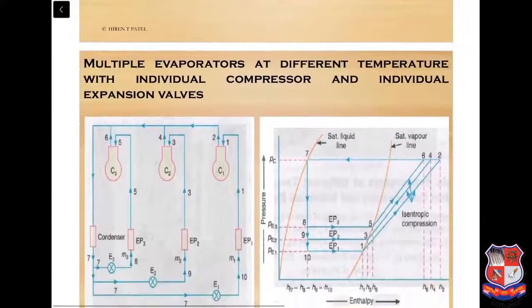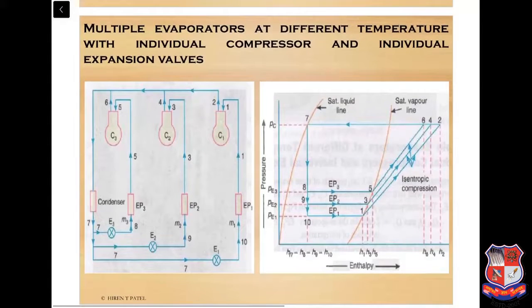Next one is multiple evaporators at different temperatures with individual compressor and individual expansion valve. So in this system, instead of a single compressor, multiple compressors are provided for each and every evaporator.